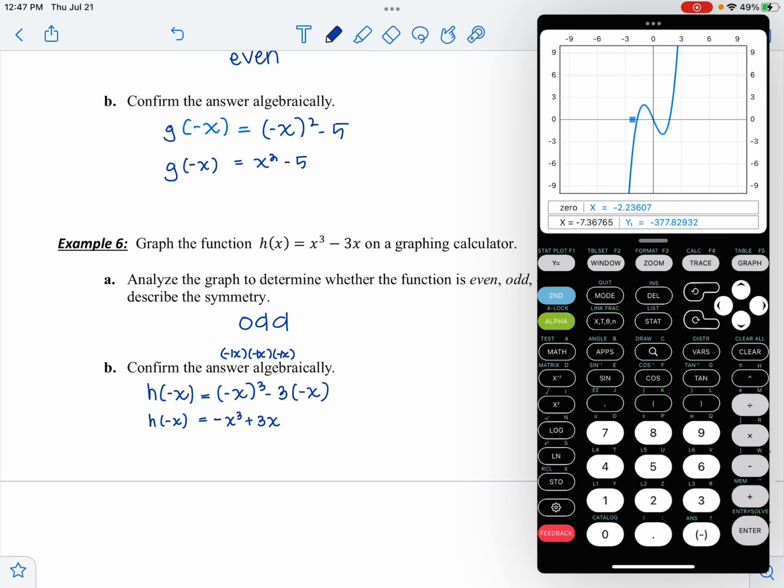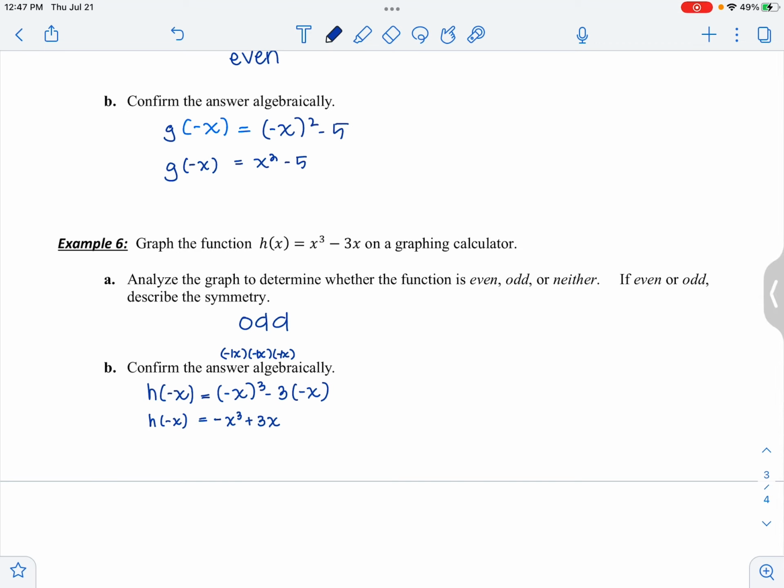All right, so I would be done, but I forgot to follow all the directions where it says describe the symmetry. I don't need the pictures. I know if it's odd, it has symmetry about the origin, or 180-degree symmetry about the origin. So symmetry about the origin, or symmetry with respect to the origin, 180 degrees, anything like that.